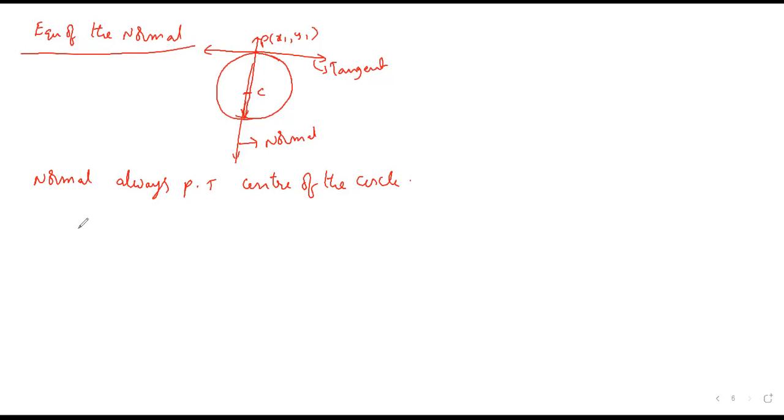Point P is (x1, y1) and the center is (minus g, minus f). So by using these 2 points, we can directly write the normal equation. That is y minus y1 equals (y1 plus f) by (x1 plus g) into (x minus x1). So substituting the values and simplifying, you will get the line equation. So it is nothing but the normal equation. In this case, the normal is always passing through the center of the circle, so directly you can take the 2-point form to find the equation of the normal.